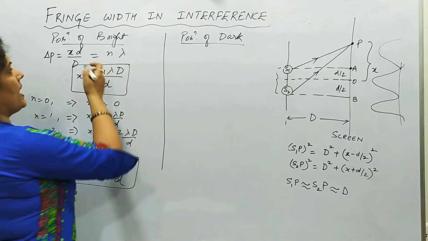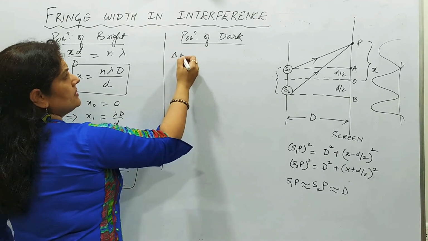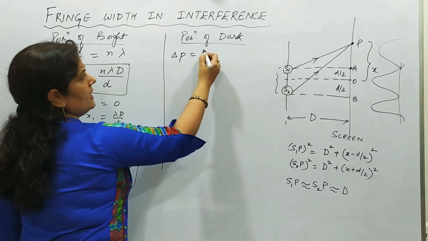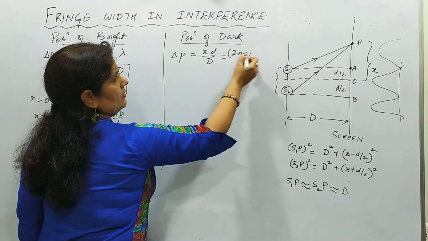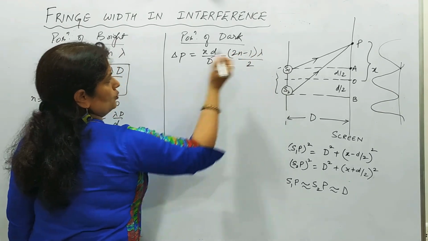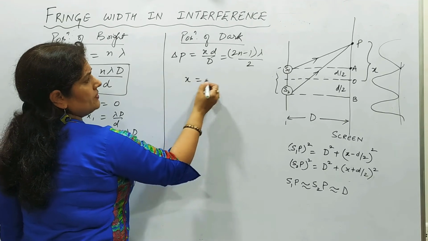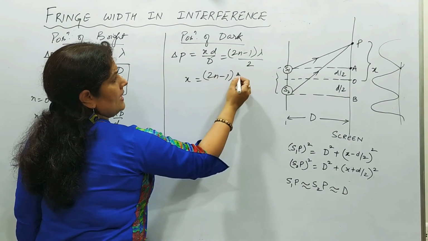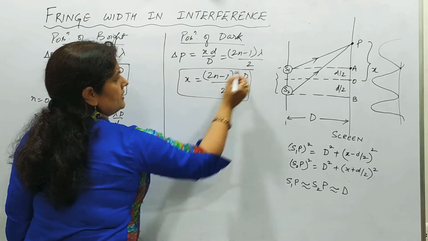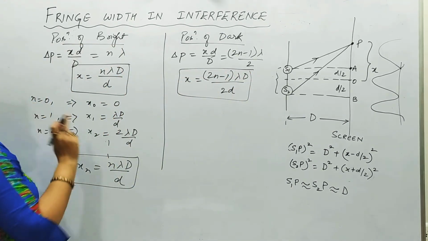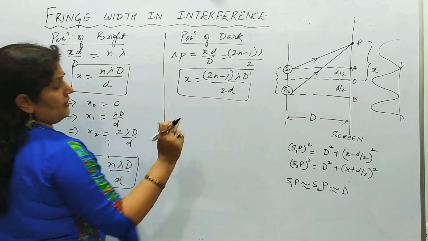Now similarly for dark, we know that the path difference is the same expression, xd by D, equal to (2n minus 1) lambda by 2, right? So the value of x will be (2n minus 1) lambda D upon 2d. Proceeding in the same manner, but the value of n should start from 1. That you have to remember.